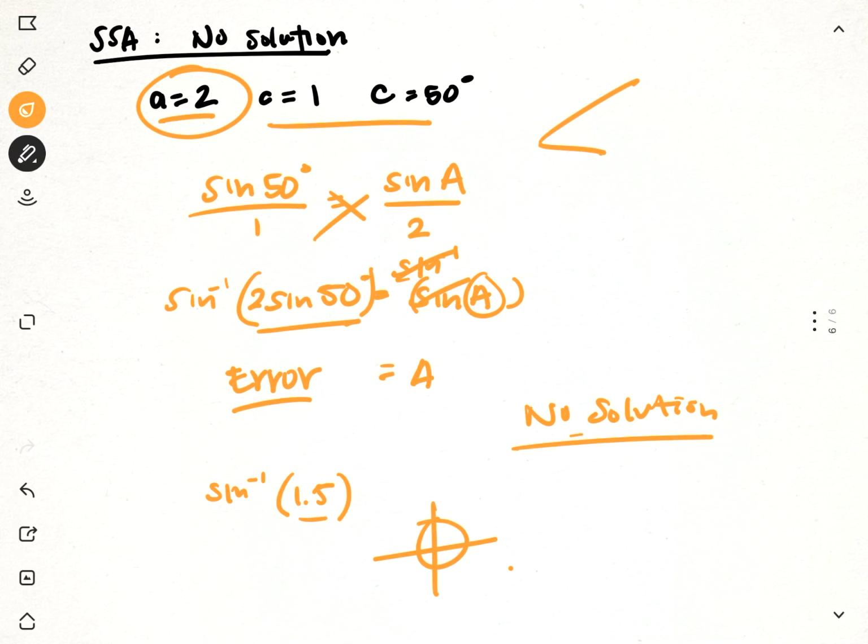But anyway, if this were 50, there's no way we can have a side that's half as long as the longest side and still have a triangle. It won't connect. There's going to be a gap. So just because they give us dimensions doesn't mean it always makes a triangle. All right, so just be aware.